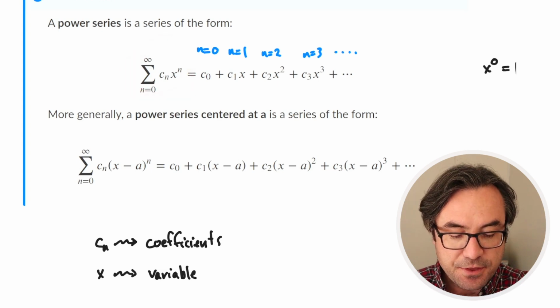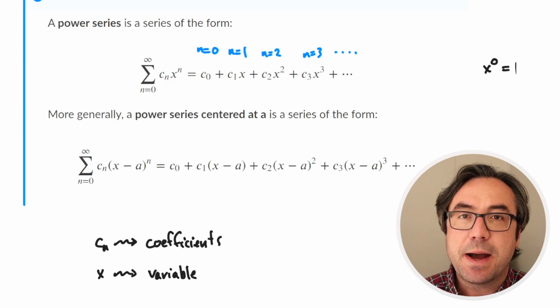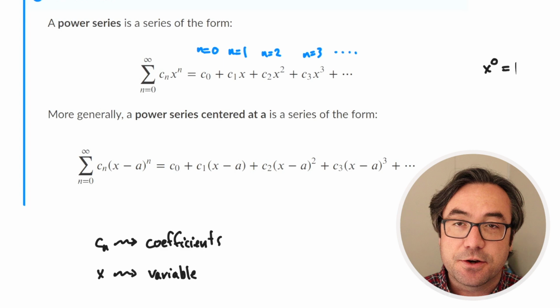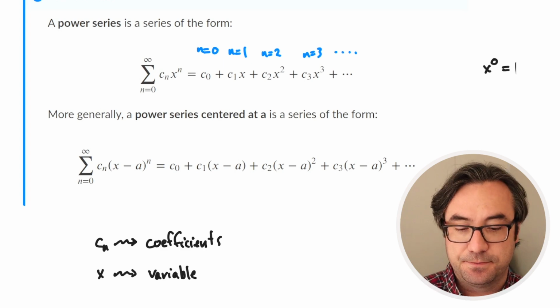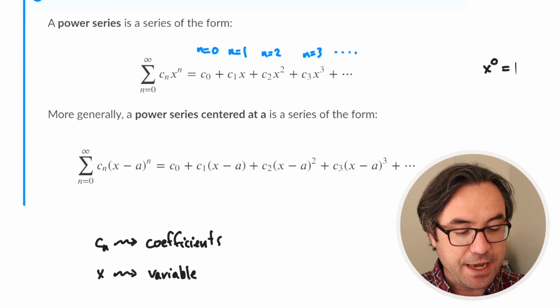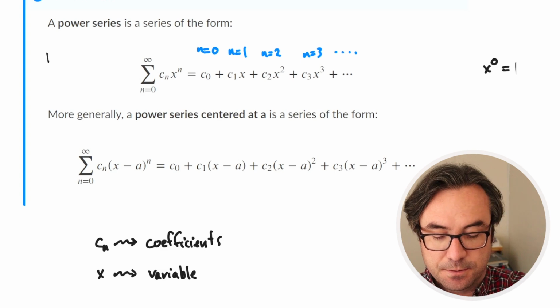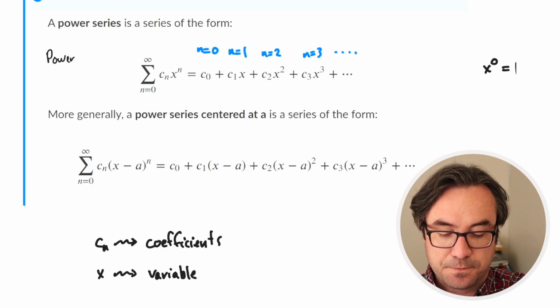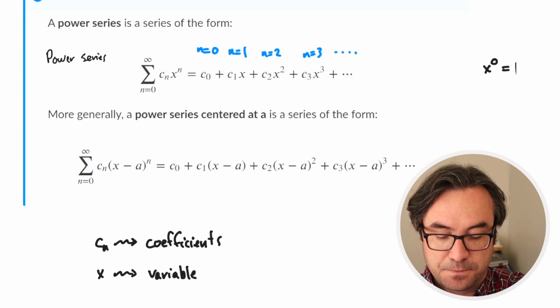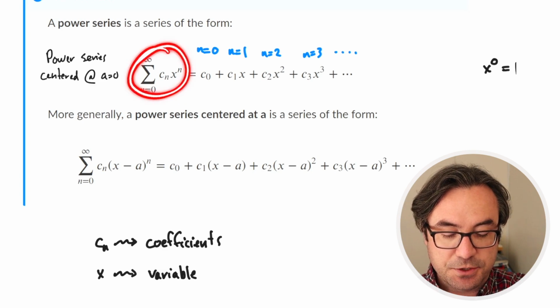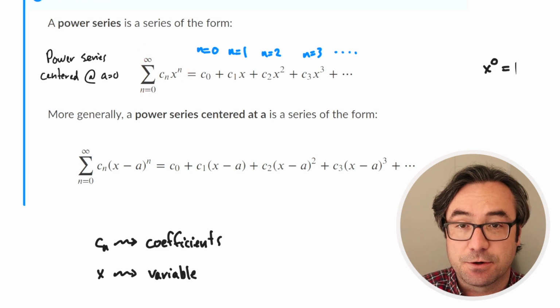Now, this is really a power series that's centered at 0. So this is kind of a special case. So this is really a power series centered at a equals 0.